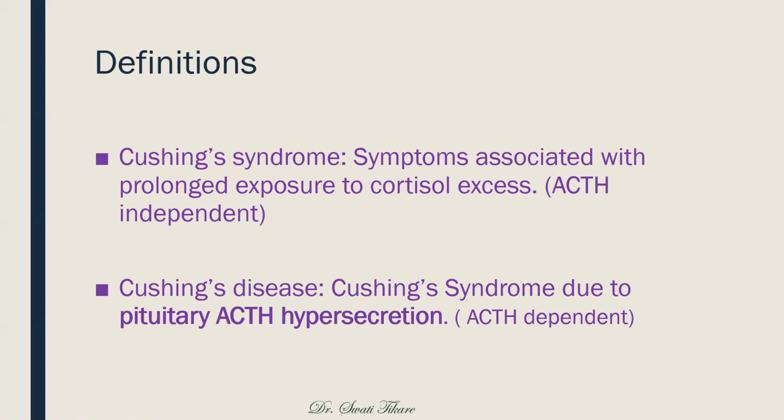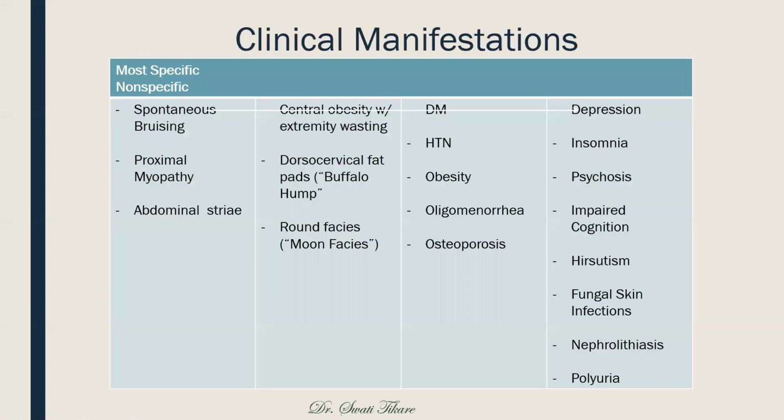When both are increased, then we call it Cushing's disease. So these are some classification and nomenclature which we need to remember with excess adrenocortical hormones. Cushing syndrome and Cushing's disease could be an important MCQ or viva question for you to remember and recall.